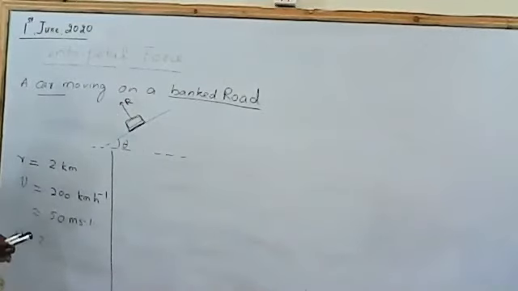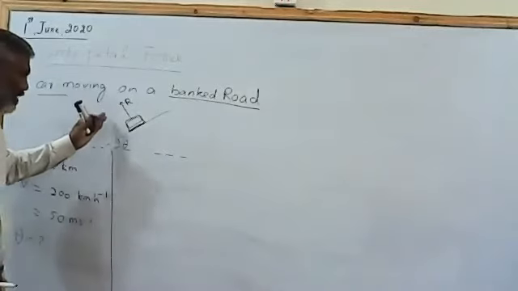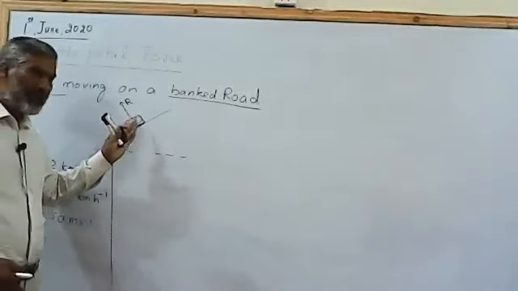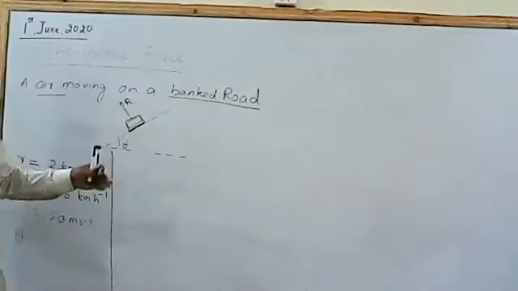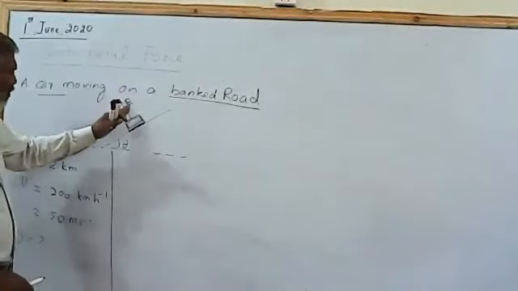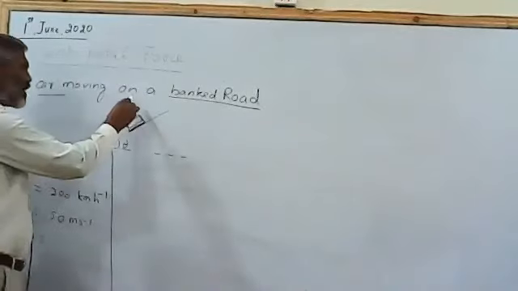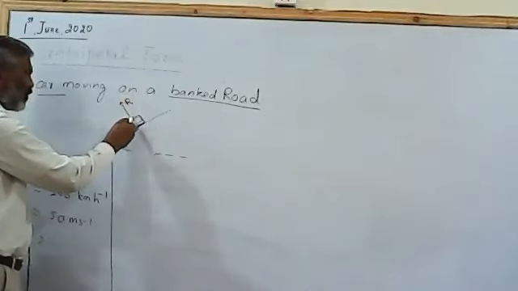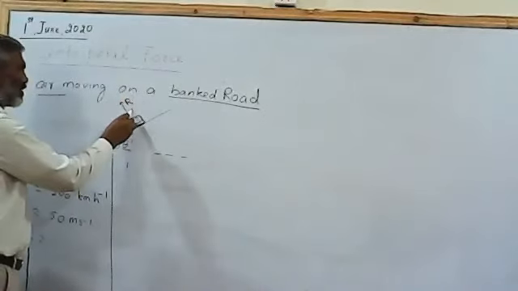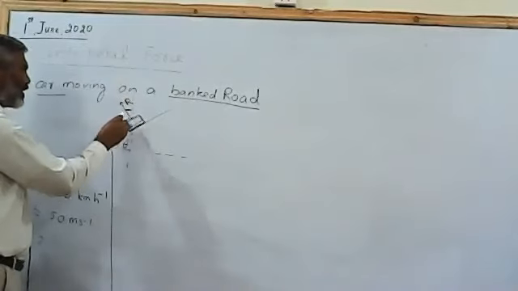Like most forces which act normal to the surface, these are reaction forces, labeled as capital R or capital N. This force has two components if I assume that it is making an angle theta with the vertical.